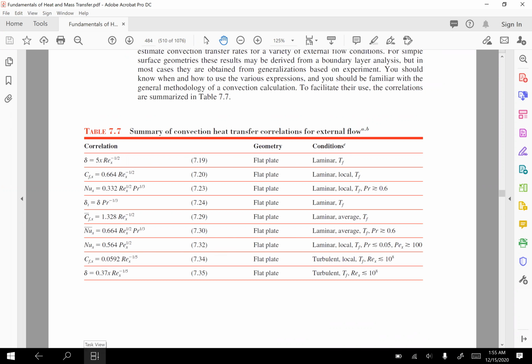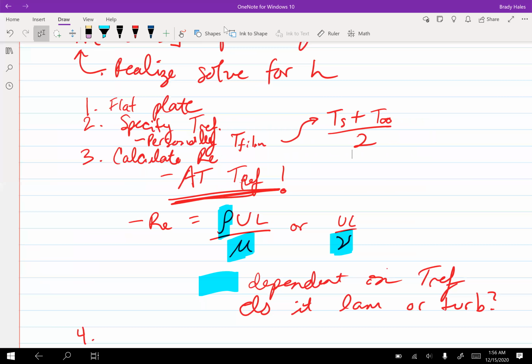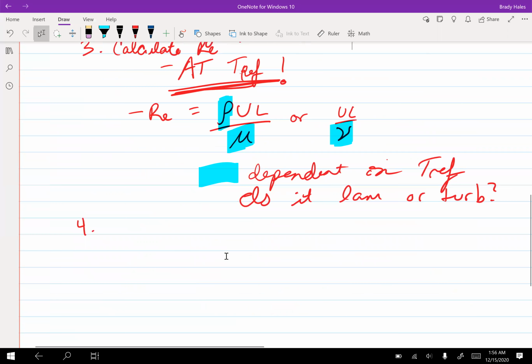Depending on if you need a average or local.